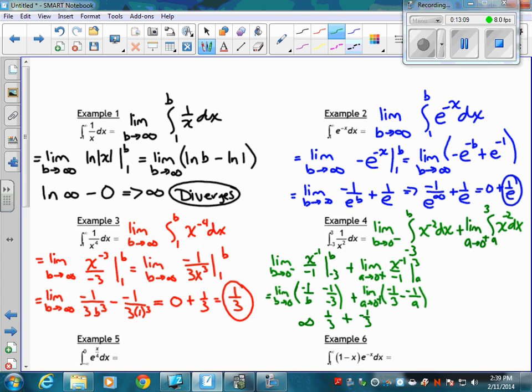This is infinity minus 1/3, and a -1/3 plus infinity. Sorry about that. 1 over 0 approaching. So now I have infinity minus 2/3 plus infinity, which the whole thing is approaching infinity, which means this one diverges.